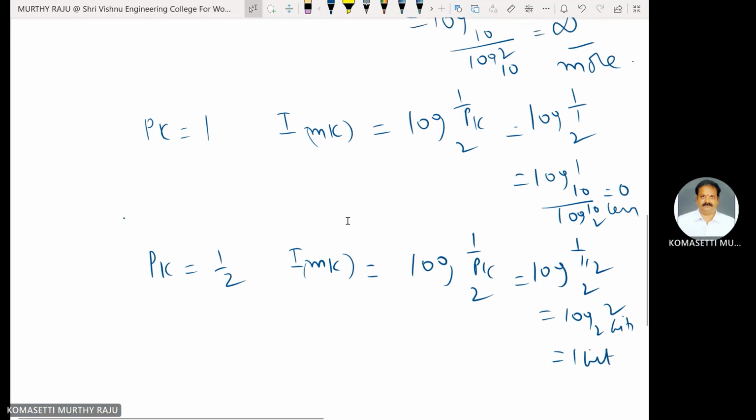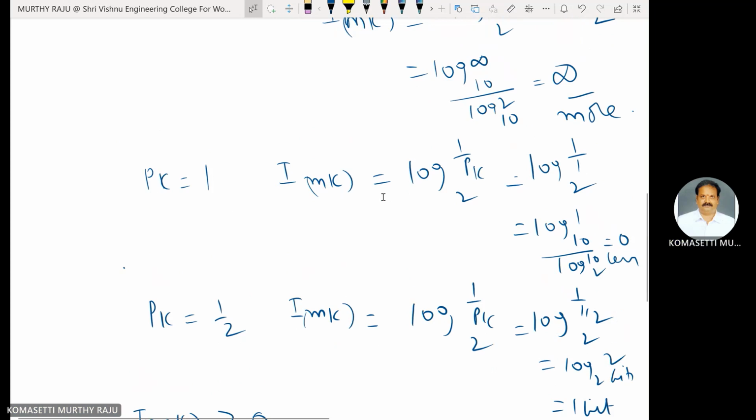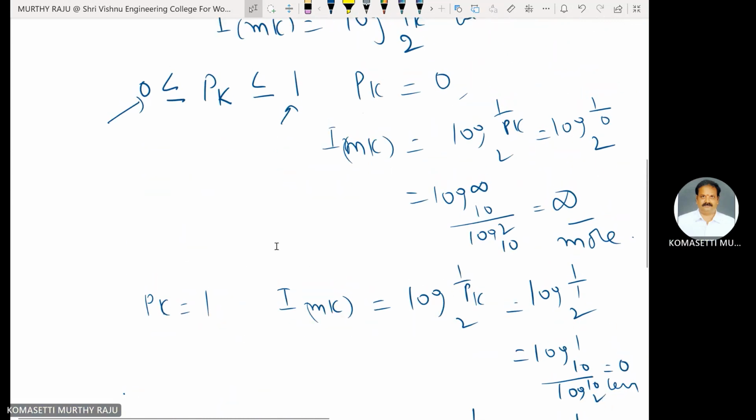In that case, the final conclusion is I of MK greater than or equal to 0. I of MK is equal to 0 means PK is equal to 1. PK is equal to 1 means certain events, truly occurred events. The sun rises in the east. When I of MK is greater than 0, it means rarely occurred events, uncertain events. PK is equal to 0, the information carried by such an event is infinity.